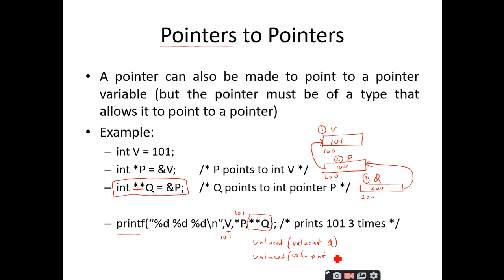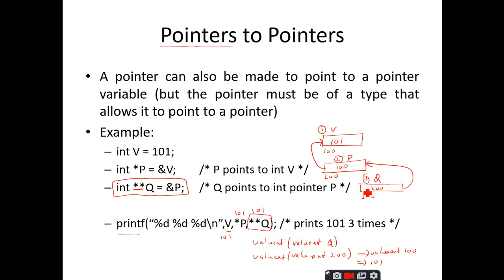What is the value of q? 200, sir. So this I can write as value at 200. What is the value at 200? 100, sir. 100. Now what is value at 100? 101, sir. Right. So this is how I can print the value of a particular variable.